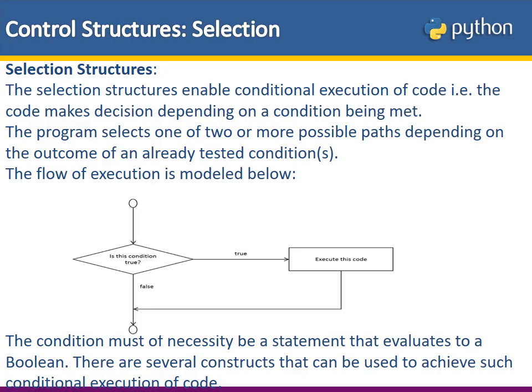So let's see the figure below, this diagram, the flow of execution under a selection structure, how it goes. This is a condition in this diagram. In this decision-making statement, if the condition is true, you go and execute your code.